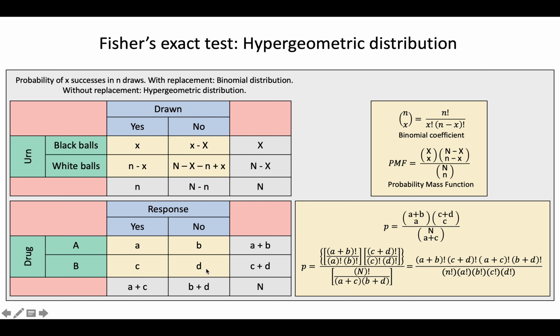So this is what Stata actually does for us, and this is why it's taking quite a long time when you are plugging a 2 by 2 contingency table with a very large sample size.